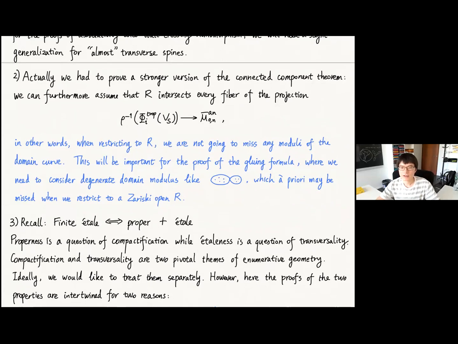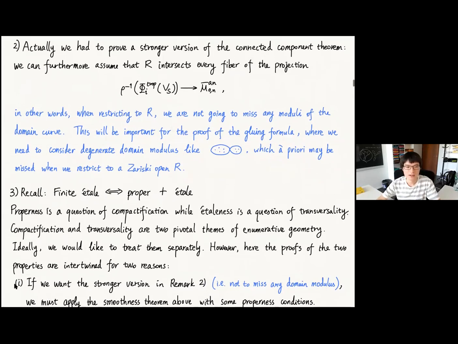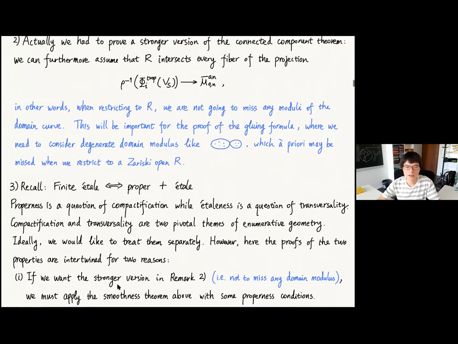However, here, the proofs of the two properties are intertwined for two reasons. First, if we want the stronger version in remark 2, where we do not want to miss any domain moduli, then we must apply the smoothness theorem above with some properness conditions.